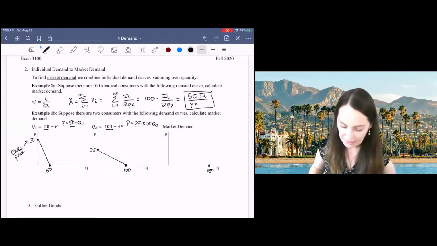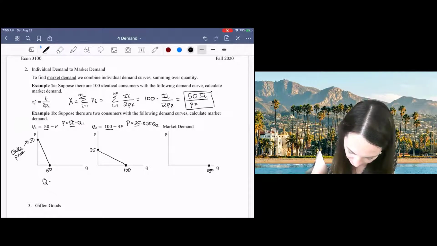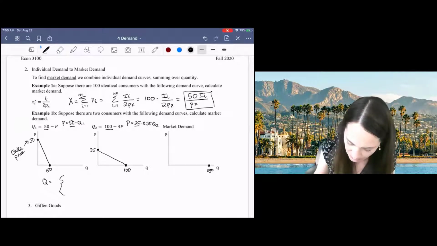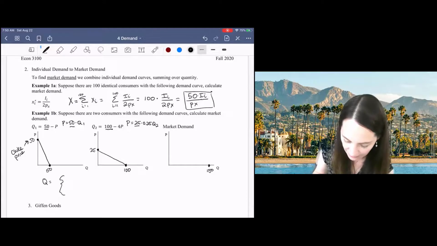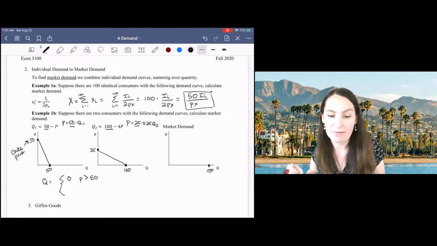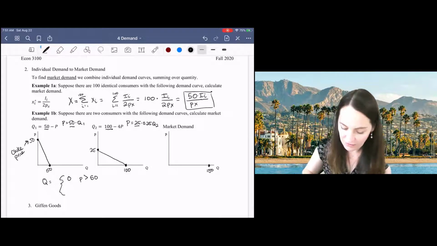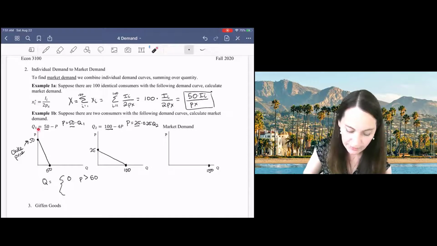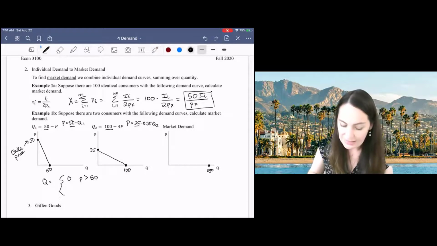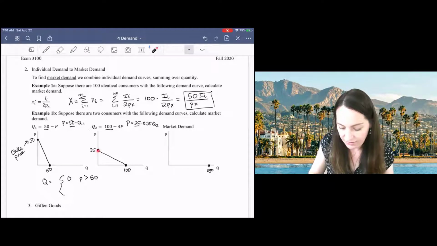So market demand is actually going to look like some discontinuous set of functions where above a price of 50, it's 0, right? And there's no demand above a price of 50 because in this example, no consumer is willing to pay more than $50. For prices between 50 and 25, we really only have demand from consumer 1.